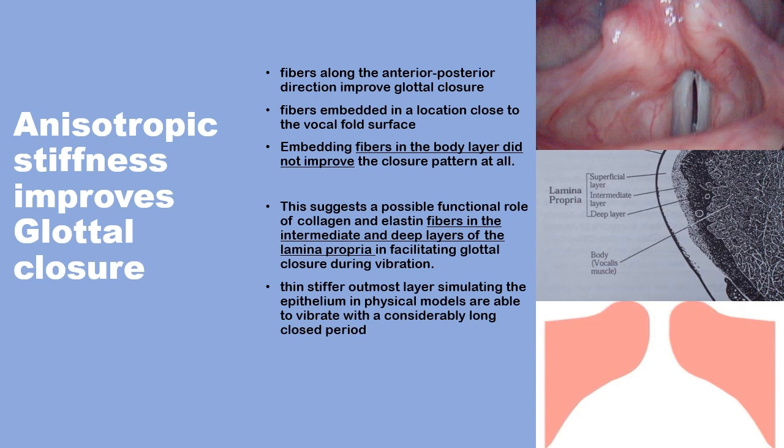And finally, the other way the vocal fold stiffness can modulate and adjust the voice produced by the vocal fold is through the effect of the anisotropic stiffness on the glottal closure. The anisotropic stiffness of the vocal fold optimizes the way the vocal folds close during phonation. The way the fibers are aligned in the anteroposterior direction improves the glottal closure, and also the way the lamina propria has these fibers between the core of the vocal fold, the muscular part, and the surface.